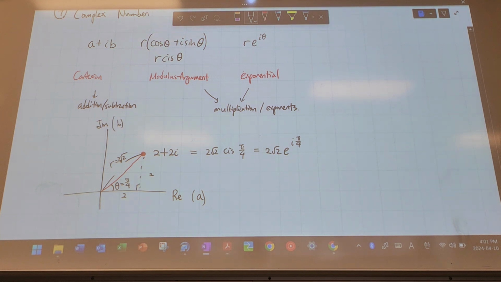And when you're going the other way, you can do a similar thing. You draw out on a Cartesian plane the angle and the modulus, the radius, and then we try to find the x and y coordinates using trig ratios, easy ones. Can you repeat what you just said?